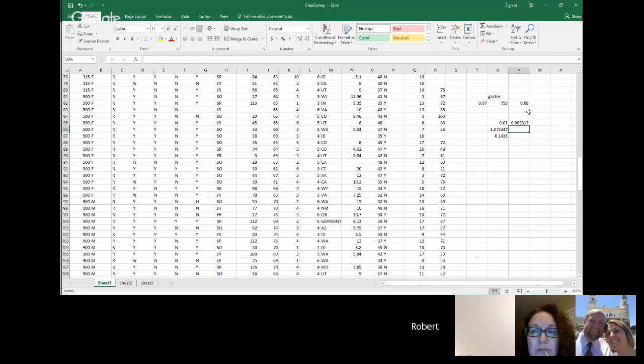And then for the top part of the z-score, I did that on another cell to make it simpler on myself. I did the 0.08 minus the 0.07 equals 0.01. Then I divided the two, so the 0.01 divided by the 0.009317 gives 1.073. That's what I'm having problems with, because I get a z-score of 1.111.